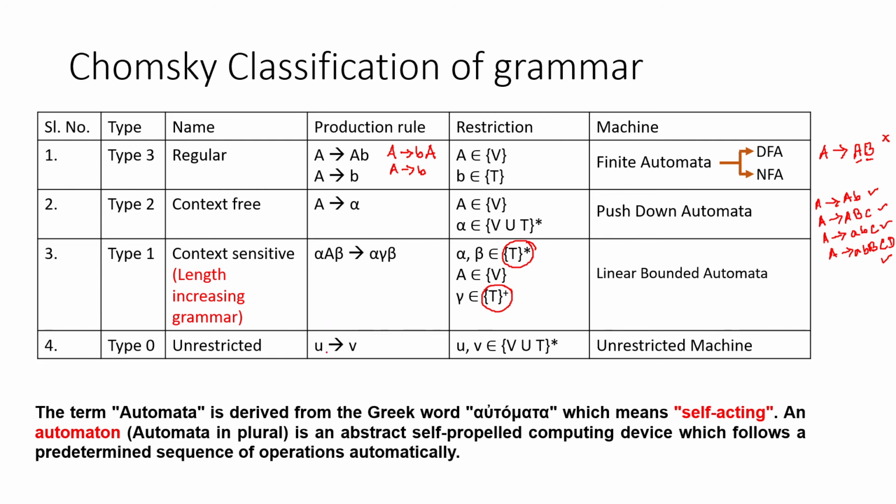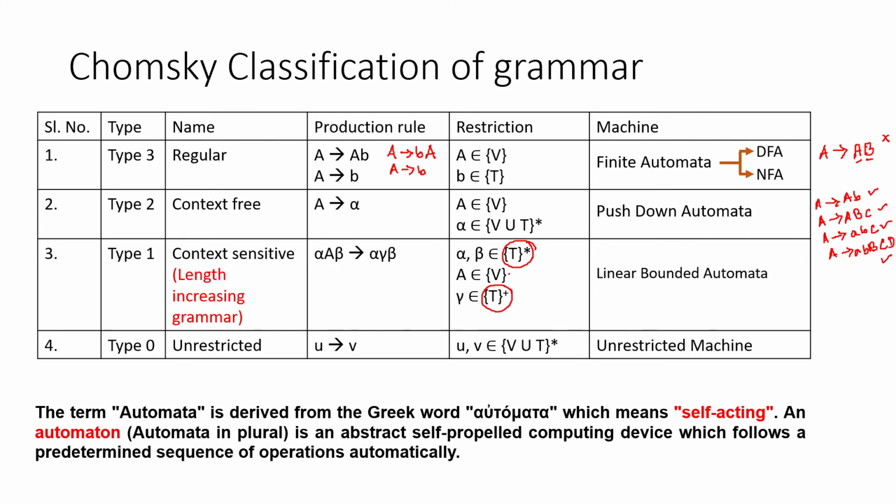which says that U can be rewritten as V, where both U and V can be any combination of terminal and non-terminal. Now see, if you try to relate the restriction with respect to the previous grammar, there we had any combination of terminal and non-terminal, but one restriction was that only one non-terminal will be there, because it is V, not V star or V plus.